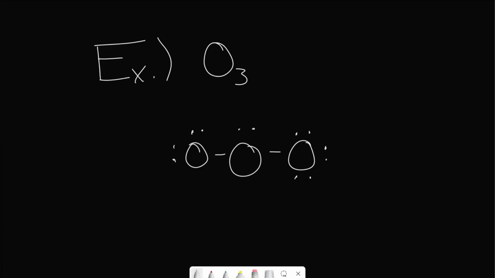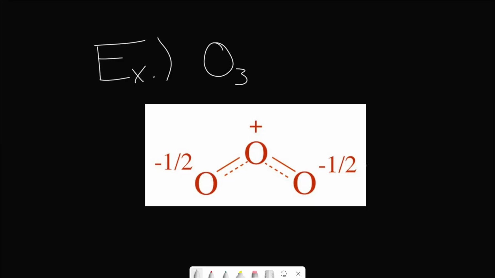But as I said, in nature, the reality is neither of these sides is going to be a real double or a single bond, statically speaking. It's actually going to consist of two single bonds, and the valence electrons are going to resonate between all three of the oxygens. So that's what's known as delocalized pi electrons.